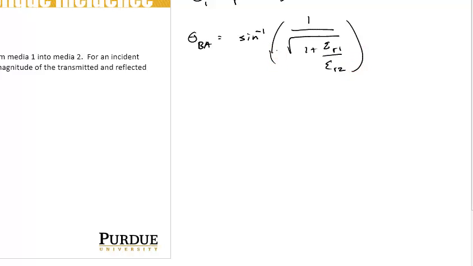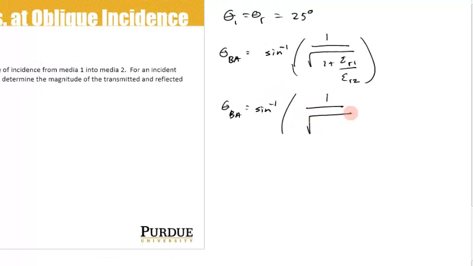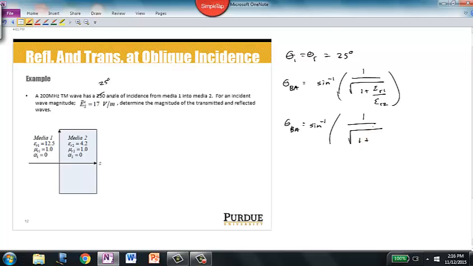So Brewster's angle is inverse sine of 1 over root of 1 plus epsilon r1, which is 12.5, over epsilon r2, which is 4.2. Do the inverse sine, get out your handy dandy TI-89s, and you'll find that Brewster's angle is 30.1 degrees. Since the angle of incidence is smaller than Brewster's angle, total transmission does not occur.